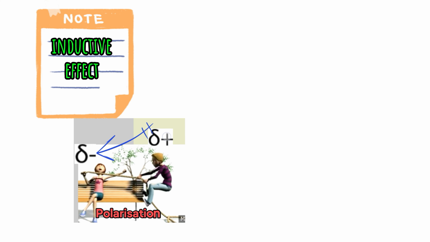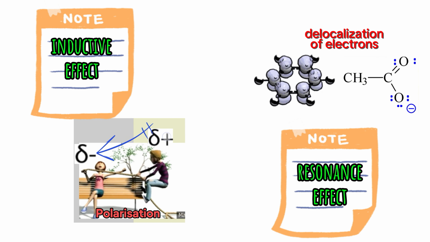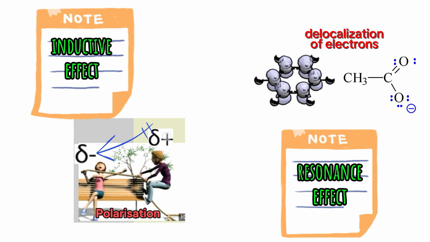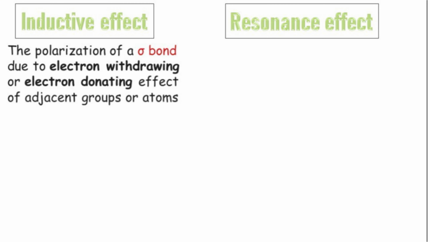Let's see what is inductive effect and what is resonance effect. The polarization of a sigma bond due to the electron withdrawing or electron donating effect of adjacent groups or atoms is referred to as inductive effect.